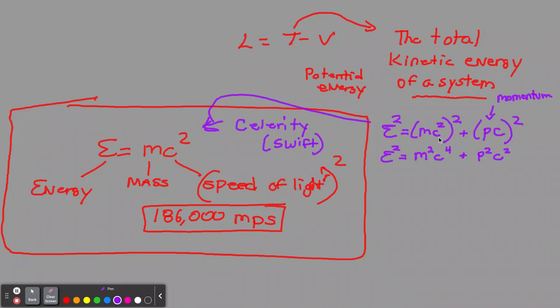Now, let's say we're talking about an object that is not moving. Of course, we did talk about kinetic energy before, and it has movement inside of it. But on its own, if an object is not moving, it has no momentum.